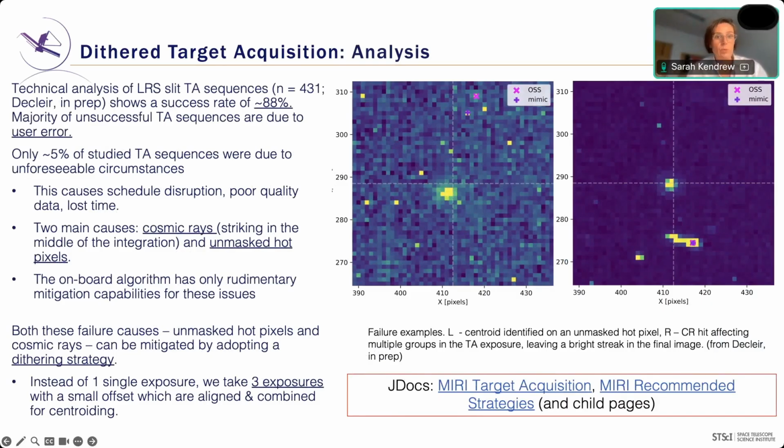It's a relatively small percentage, but failures can still cause idle time, disrupt the schedule, and might require repeat observations. So they are quite impactful, and we want to avoid that happening.